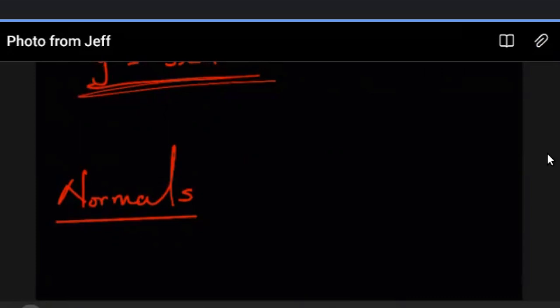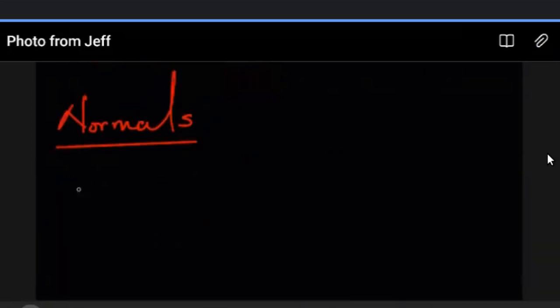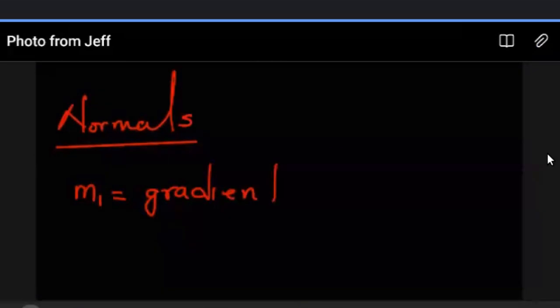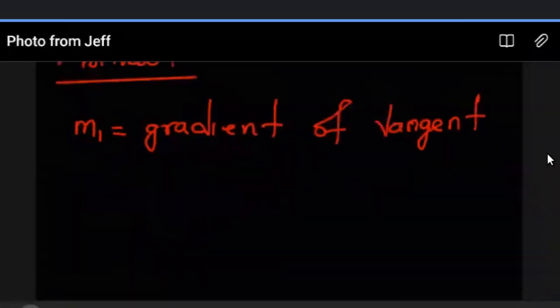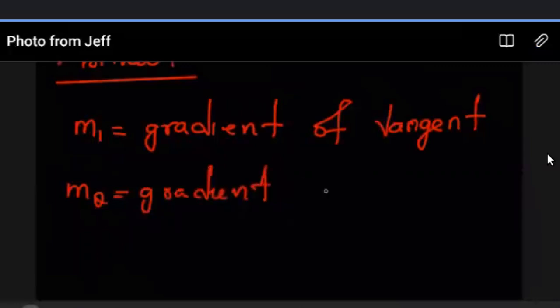And I think this relationship, we saw it earlier on. If M1 is the gradient of a tangent, and M2 is the gradient of the normal.